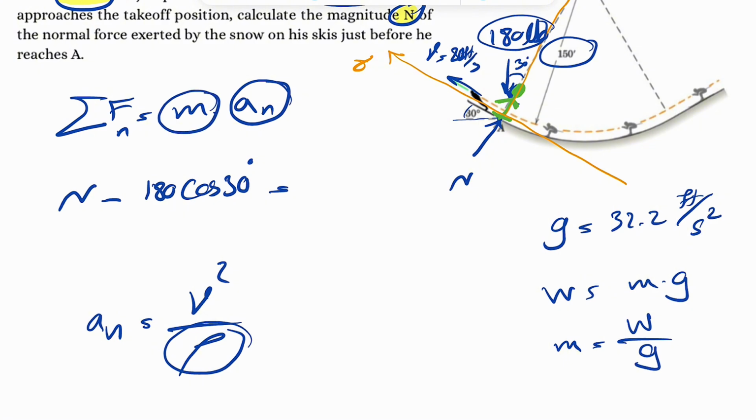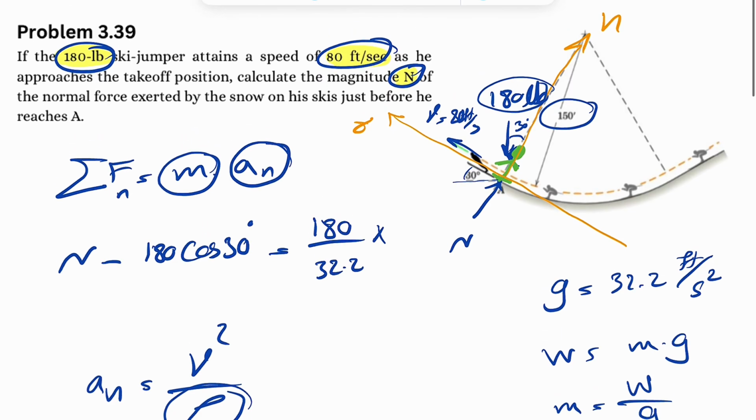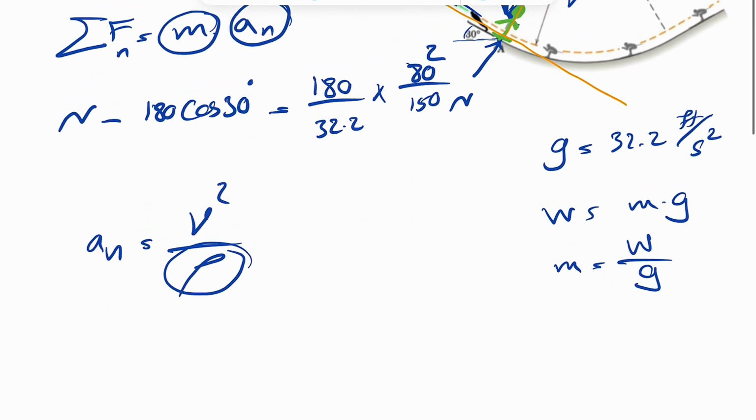So here we're just going to put the weight, which is 180, over the g, which is 32.2. And for the acceleration, we have v squared, which is 80 squared. So we have the speed 80, and the radius, as I mentioned, is going to be 150, and that should give us the answer for the N.